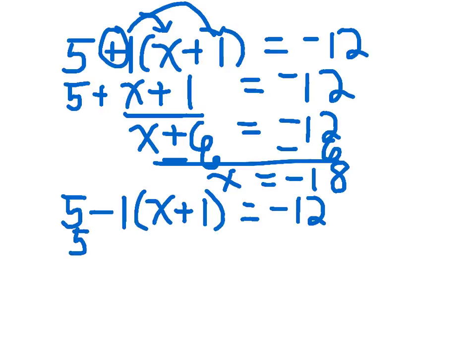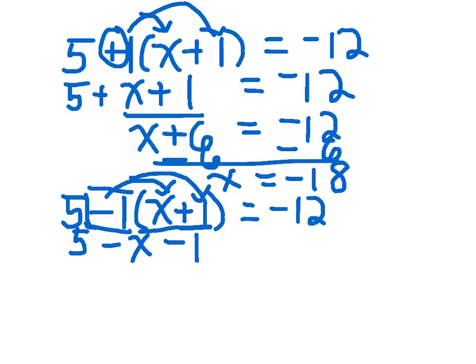But now, when I distribute, because this 1 is actually -1, -1 times x is -x. -1 times 1 is -1. In other words, when I take the opposite of this entire quantity here, I'm changing both the signs. Most kids I know find it easiest just to think of it as distributing -1 over all of the terms.